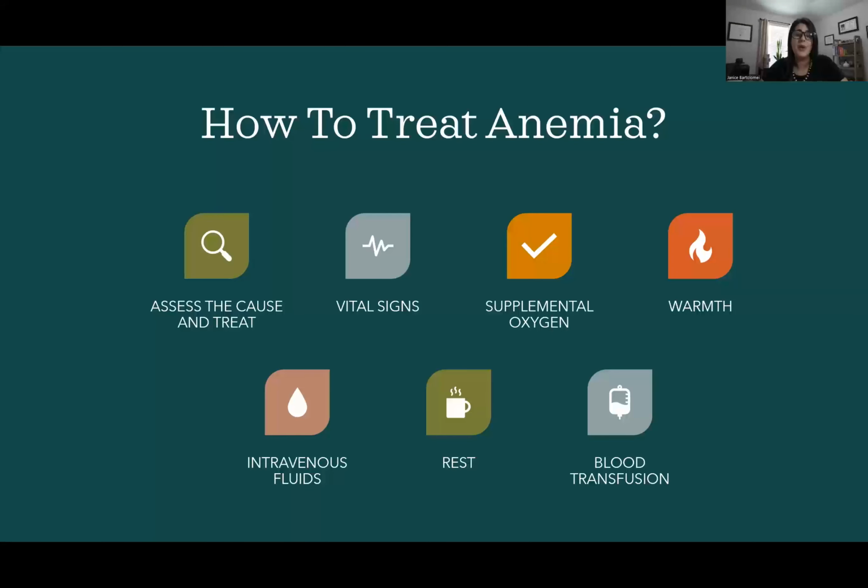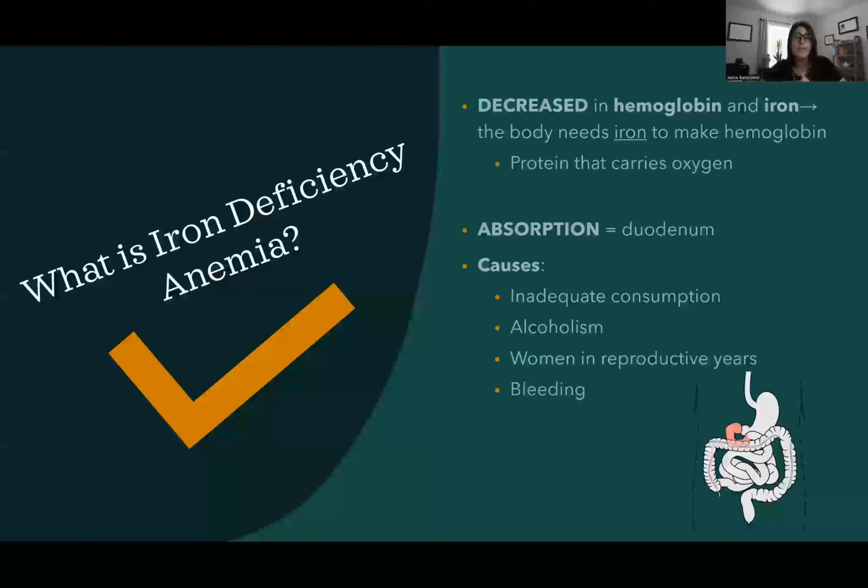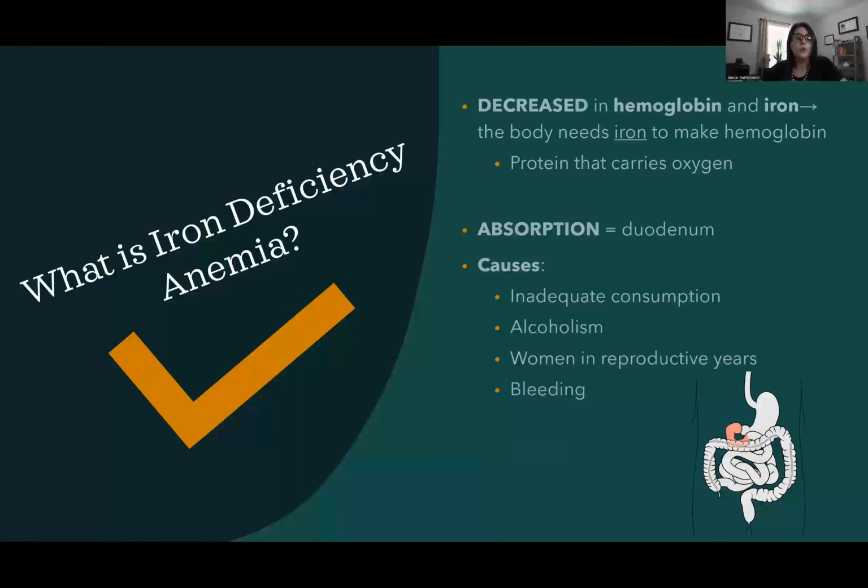Okay, so now let's move up to iron deficiency anemia. It's still an anemia, but here we have a decrease in hemoglobin and iron levels. We need iron to make hemoglobin, and we mainly get iron from food.